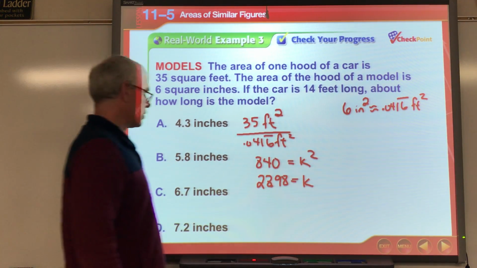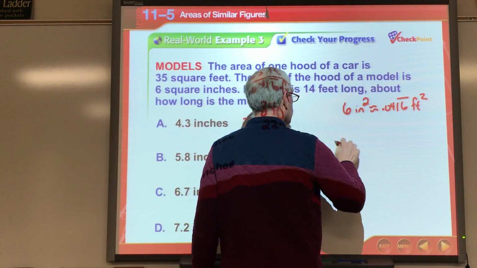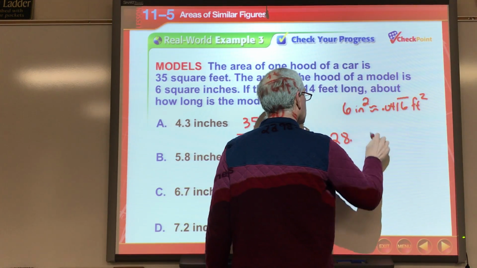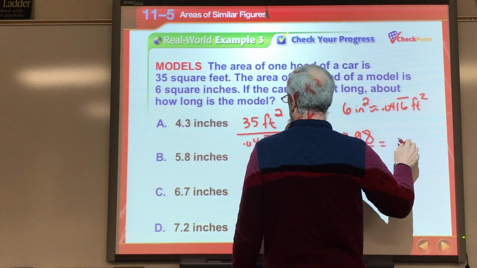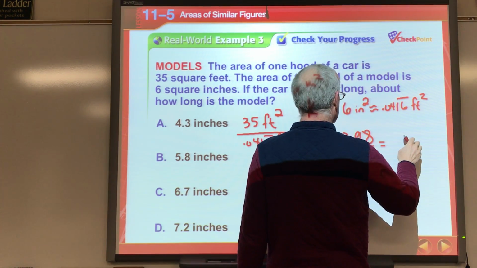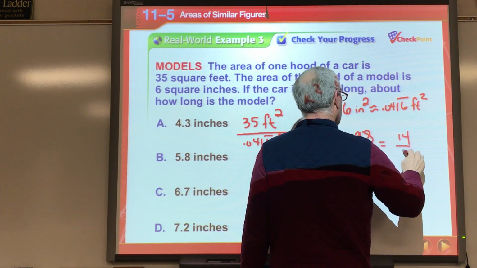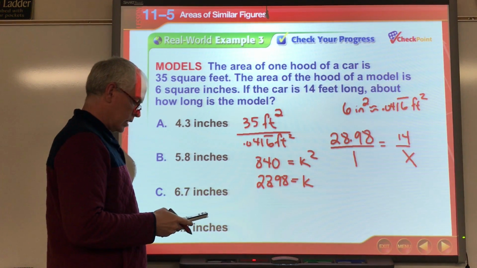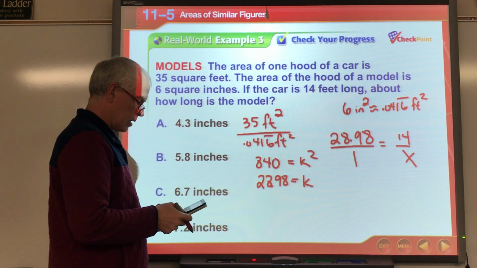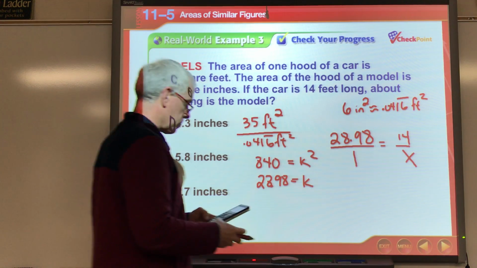My scale factor, 28.98 over 1, let's say, is going to be 14 feet over x. So initially then I solve that: 14 times 1 divided by that 28.98.